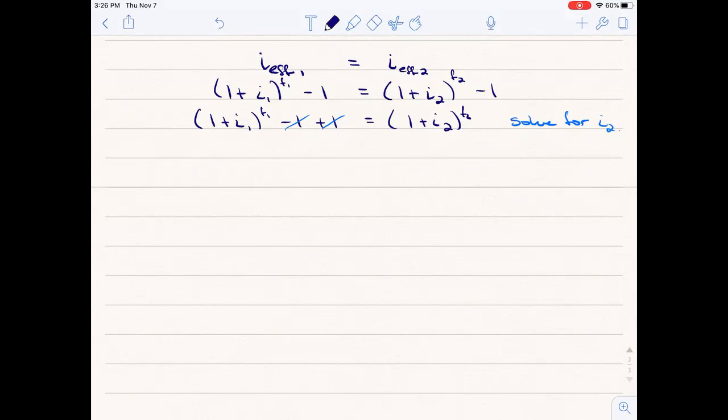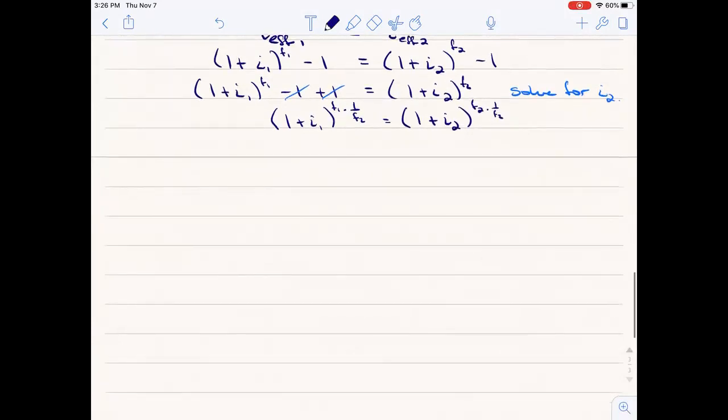And so what I have is 1 plus I1 to the power of F1 times 1 over F2 is 1 plus I2 to the power of F2 times 1 over F2. So this becomes 1 plus I1 to the power of F1 over F2, which is 1 plus I2.